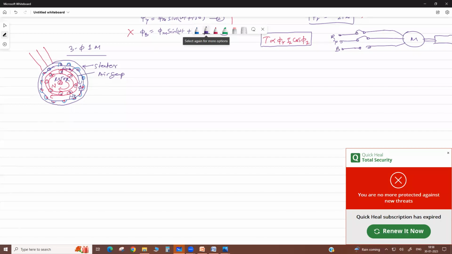If we see, the stator winding is generally connected either in star or delta. This is your motor stator winding. This is your stator.